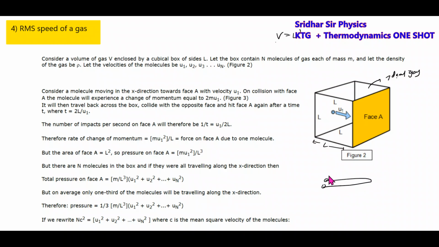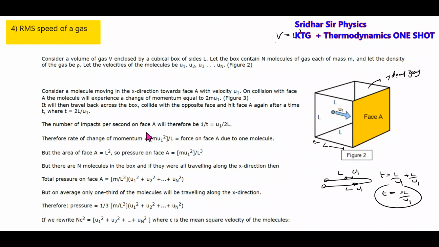So what is the time it will take here? L and L, and it is moving with a speed U1. So what is the total time? L by U1 plus L by U1.